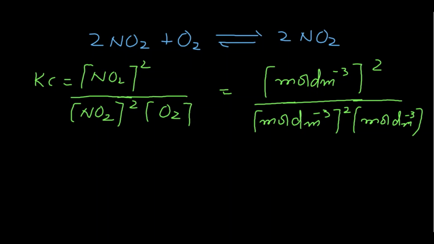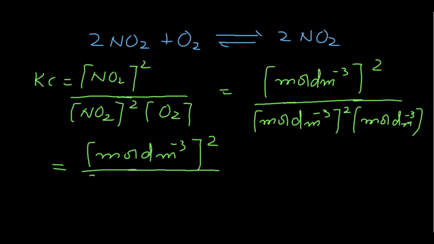In the next step, it means we have mole per cubic decimeter raised to the power 2 over mole per cubic decimeter, right students? Here we have raised to the power 2 and here we have 1. 2 plus 1 is equal to 3, right students? So that's why here we write 3. Now we will see what is the next step for this reaction.